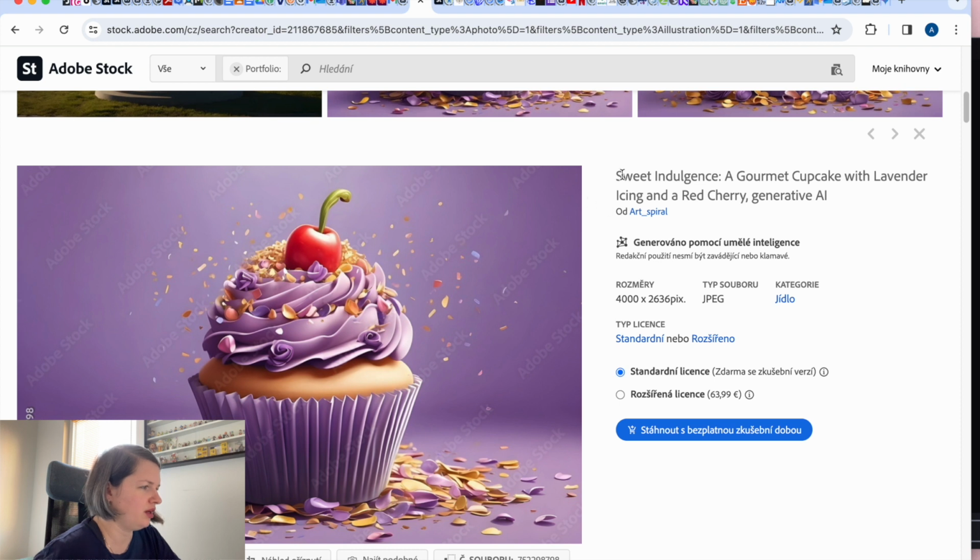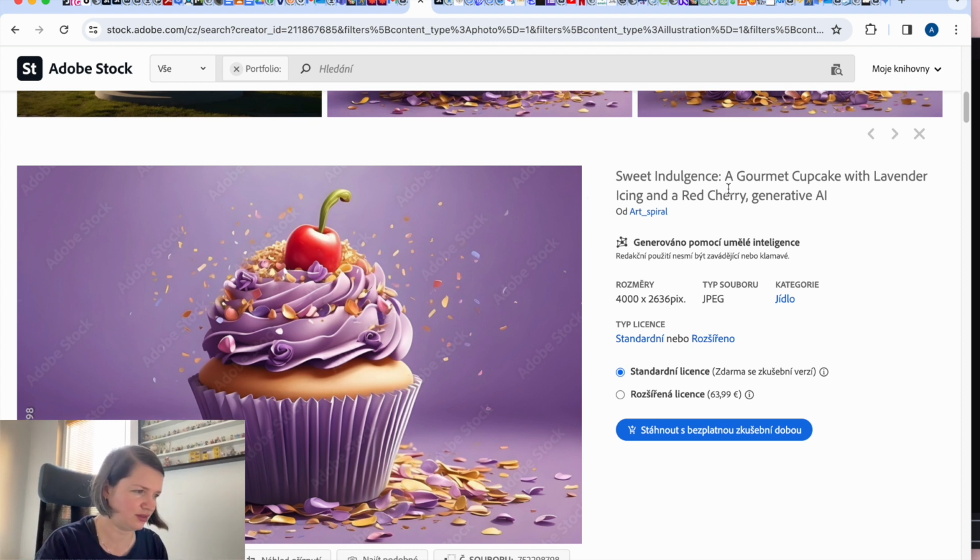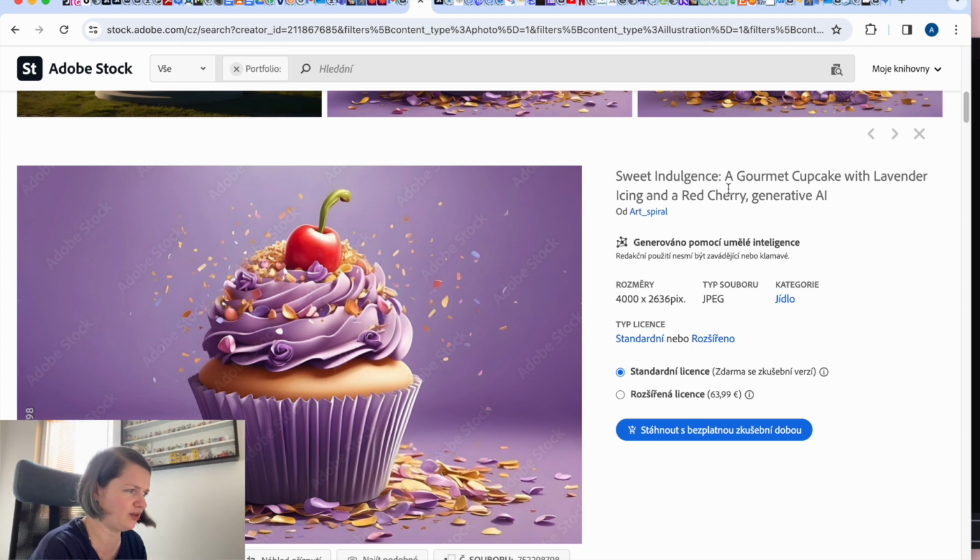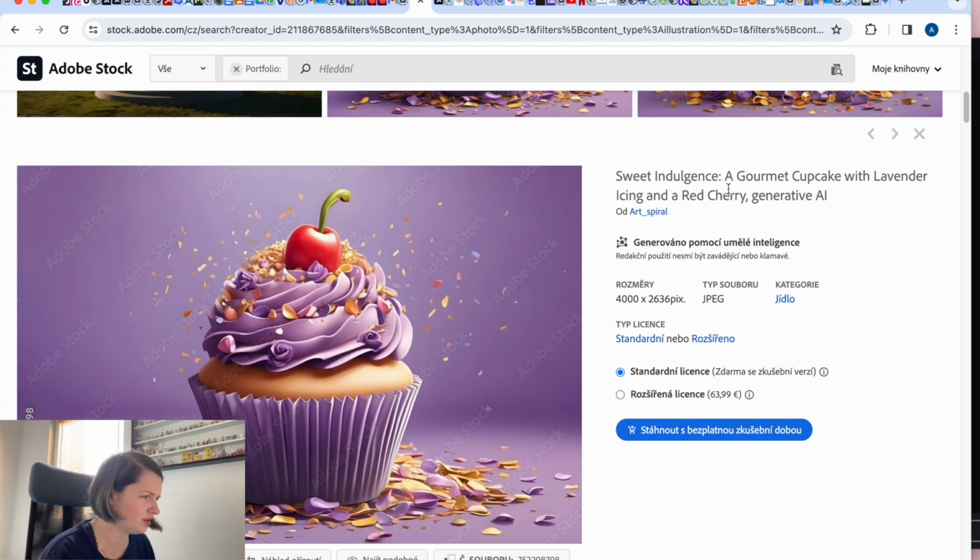Like, as I've just explained, describe the image, use that as a description and not something like a sweet indulgence, whatever. Purple cupcake with a cherry on top on a pastel purple background with confetti for a magical birthday party, something like that.